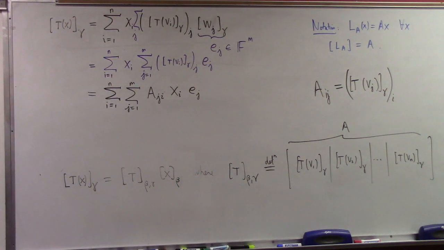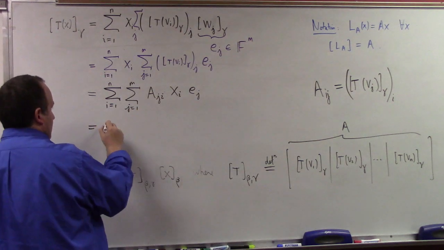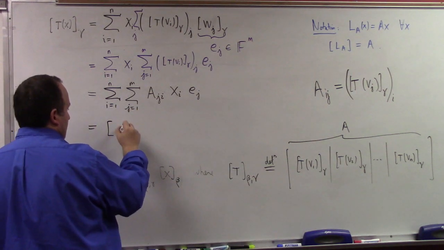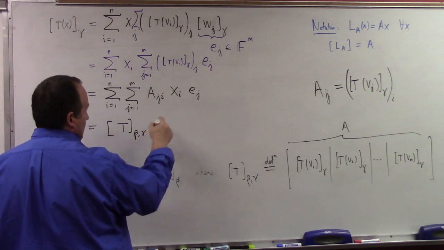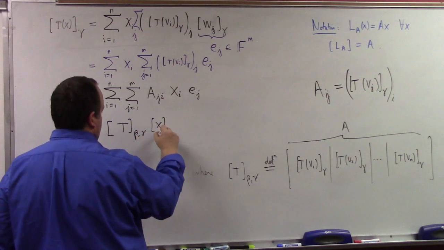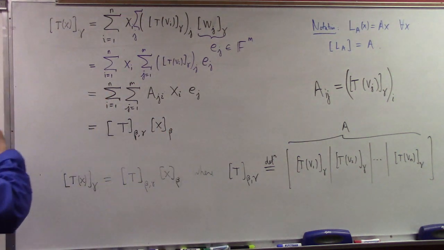Hooray! Now, this is exactly the matrix product of the T beta gamma with the matrix of x in the beta coordinate system. That's what that is.